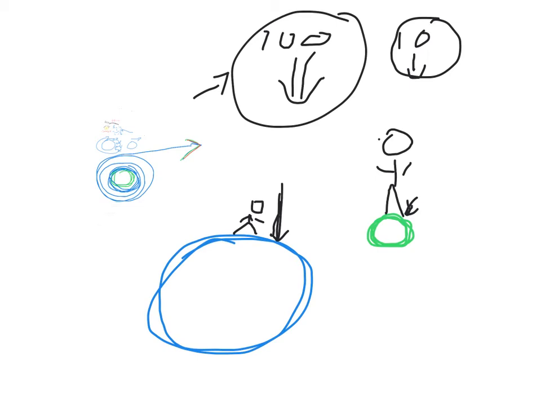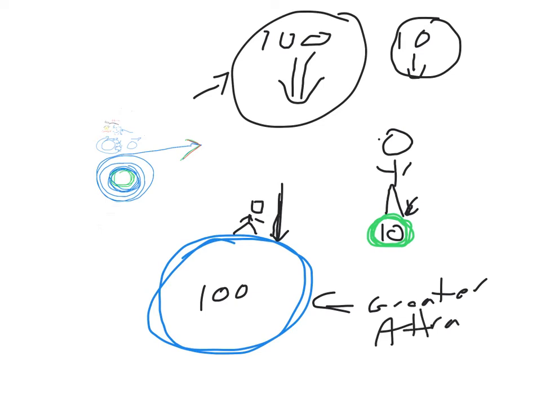So, Earth being much more massive, like 100 pounds, and this like a 10-pound, this one has a much greater attraction. Anyways, that's why you weigh more on Earth.